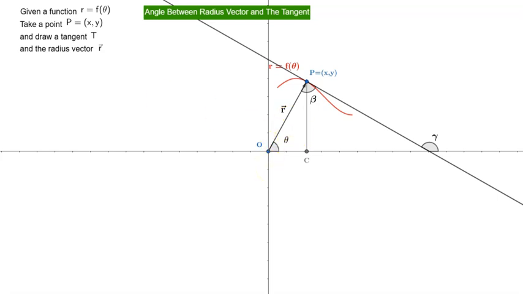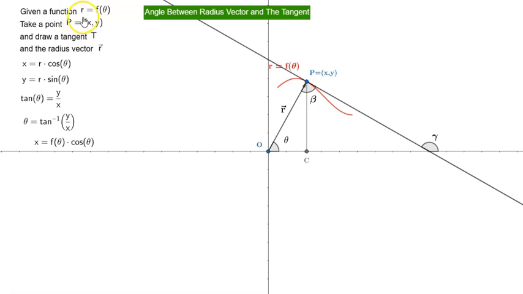That means x is equal to r cos theta. Similarly, PC is y, so y is equal to r sine theta. Tan theta is equal to opposite by adjacent, so y by x. So the angle itself becomes theta is equal to tan inverse of y by x.